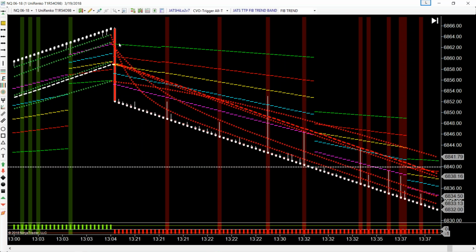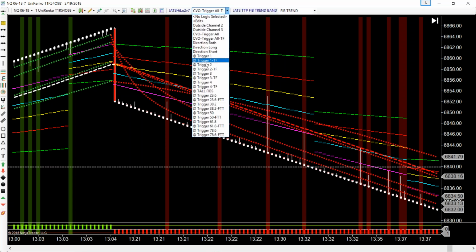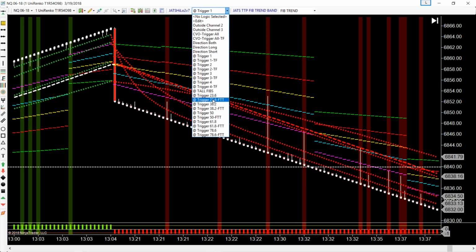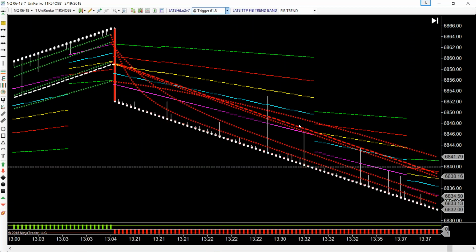Theoretically, you could put one lot on, stop behind the bar, and then take these triggers, or this low dotted line. If you wanted the 61.8 triggers and just take those, that's up here, the red line, so it doesn't get up there a lot of the times.